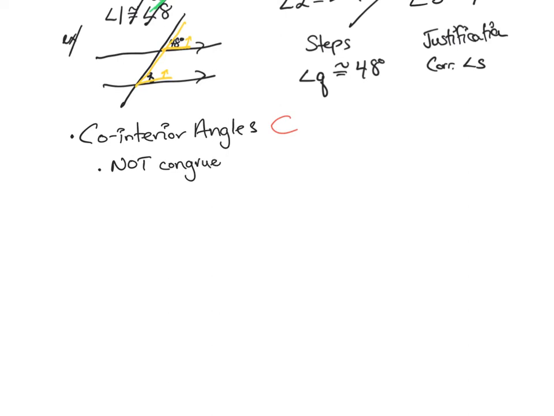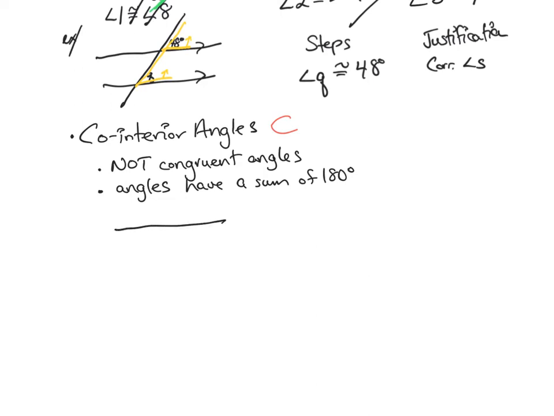So everything so far has been congruent angles. In this case, the angles have a sum of 180 degrees. So altogether, they have 180 degrees.